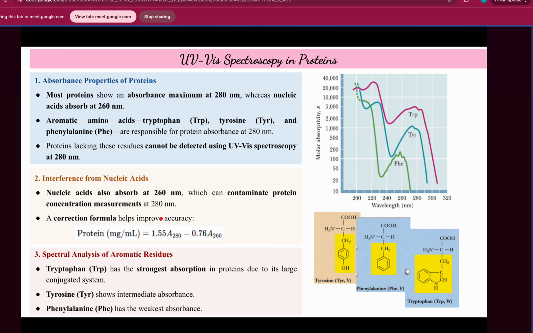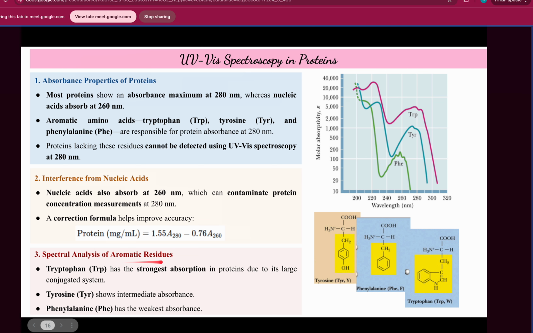So to get the correct concentration of protein, this is the formula: 1.55 times the absorbance at 280 nanometers minus 0.76 times the absorbance at 260 nanometers. This is the correction. After correcting for any nucleic acids which might be present in our sample, we will find the concentration of our protein.